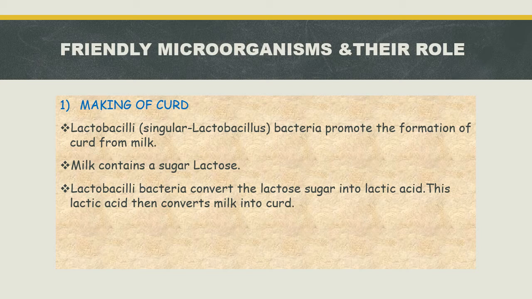The name of the bacterium involved in the production of curd is Lactobacillus. A group of Lactobacillus we call Lactobacilli, which converts the sugar lactose present in milk into the form of lactic acid. Once this process happens, the milk is converted to curd and becomes thick.